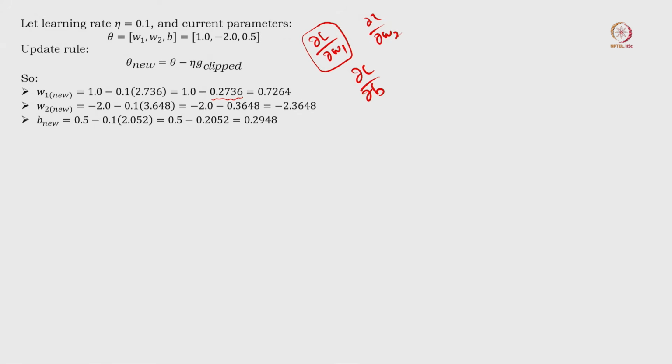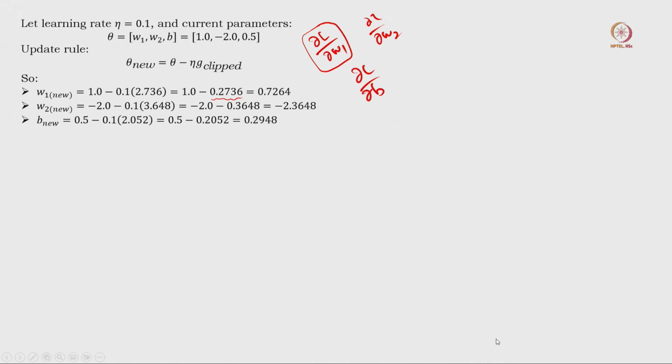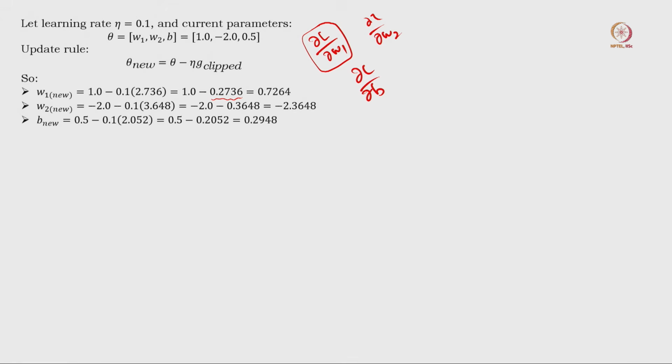How did you get this clipped value? Go back. You see this 0.228 is getting multiplied with 2, with this, and with 9. So, these are the values that we have got. In a normal way we used to multiply it with those gradient values.